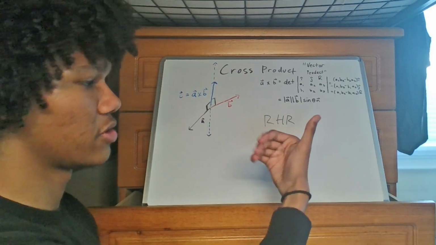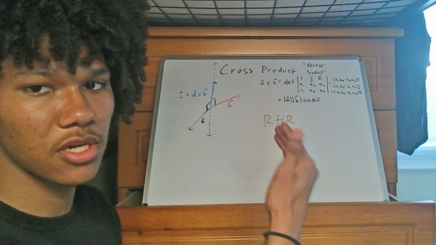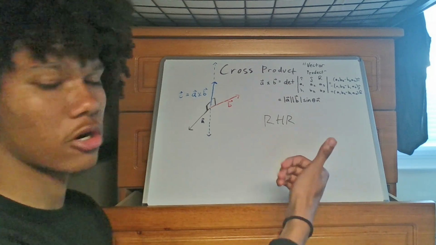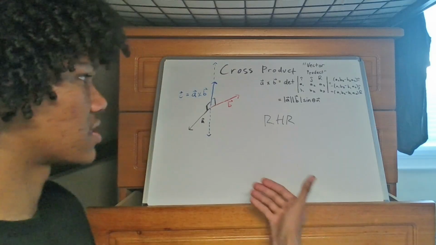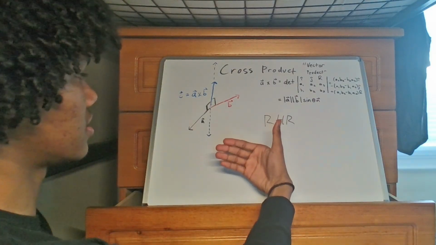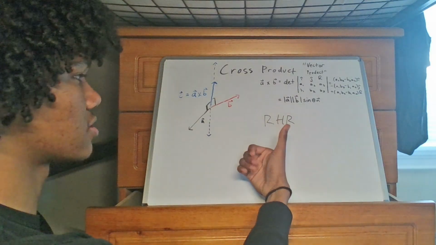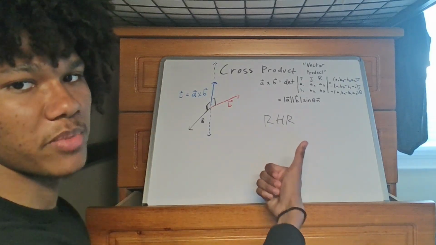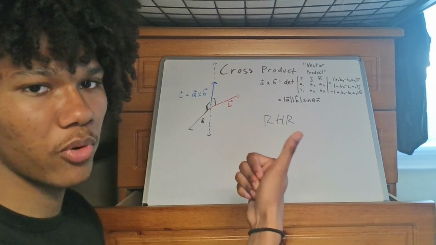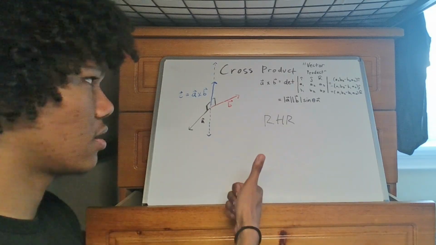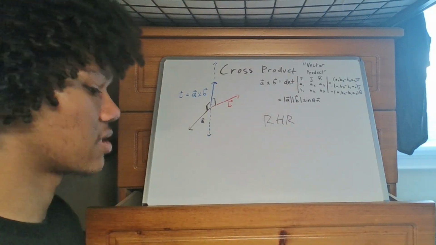You let your fingers be the starting vector, and then you curl it towards the resulting vector. In this case, the starting vector is A, and I'm curling it towards the B vector. And wherever my thumb points at the end is the direction of the cross product.